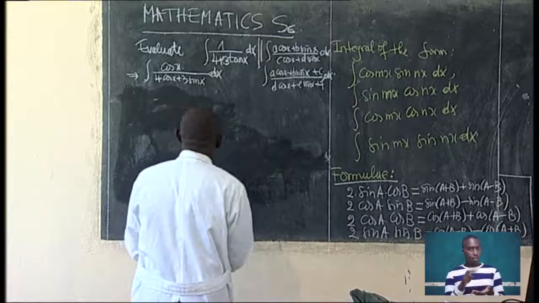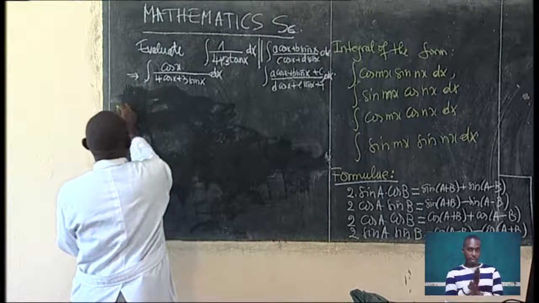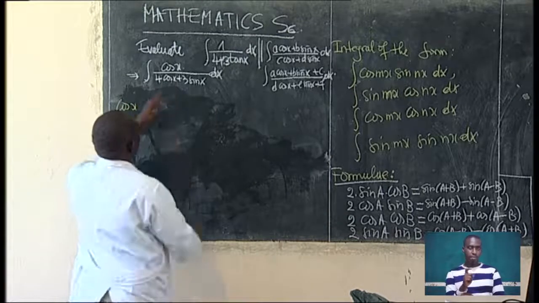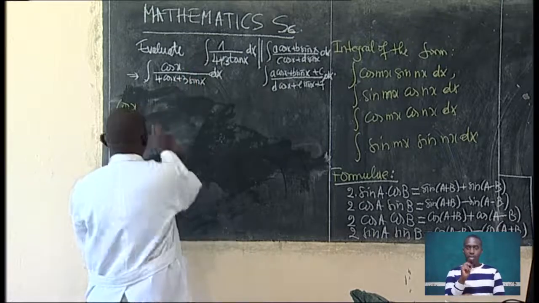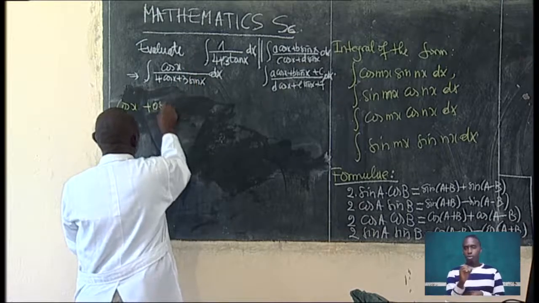So it means that, as we did before, for cosine x, we don't have the term in sine. I can put 0 sine x.